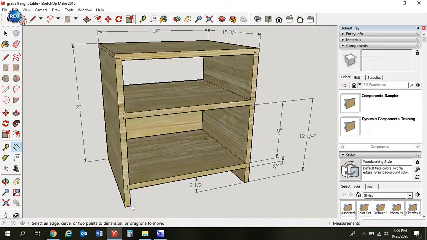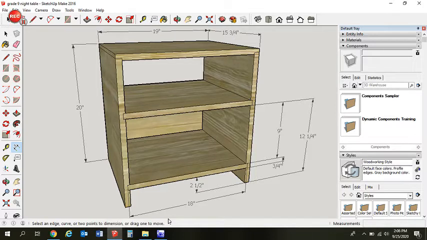So for example, we don't know the distance between these shelves unless we did some math, because they're 3/4 inch thick for each piece of material, for each side. 3/4 times 2 is 1.5. 19 inches wide is our project, so take away 1.5 is 17.5. However, to save a little bit of time, we could dimension the width of our shelves exactly on here so that we know exactly that it's 18 inches.